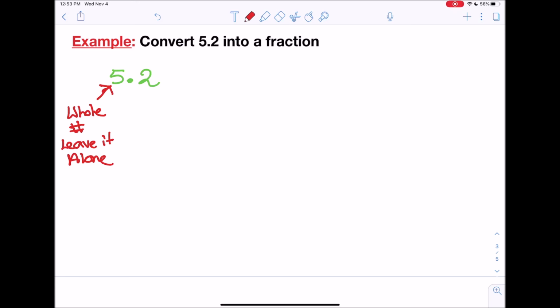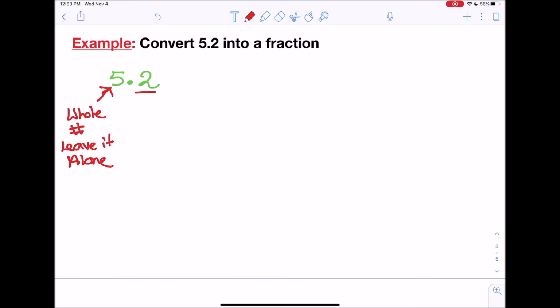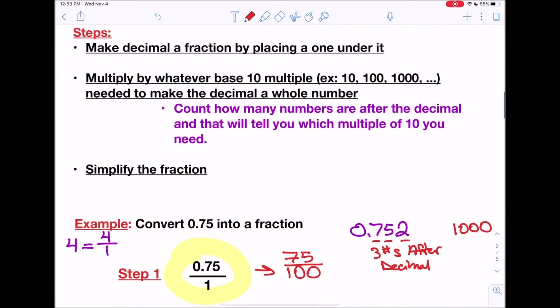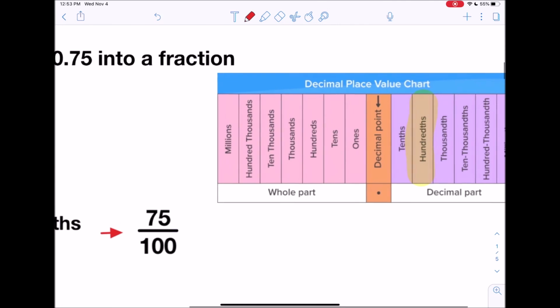Now I look at the 0.2 and I go, okay, well, 2 is one number after the decimal. So that means we're going to use a multiple with 1 zero, which would be just 10, because 10 has 1 zero. Or you could think of it as 2 is in the, let's check, what place?